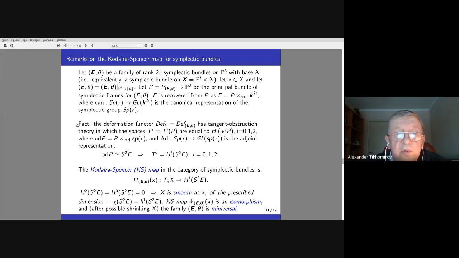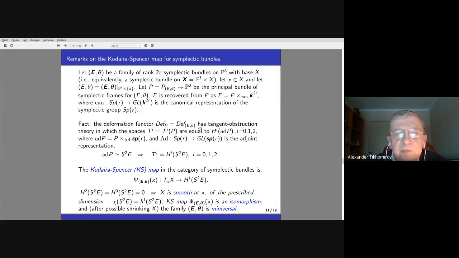I will use the following known fact about the deformation functor of principal bundles with symplectic structure group, which, as we see, is the same as the deformation functor for the vector bundle E itself.